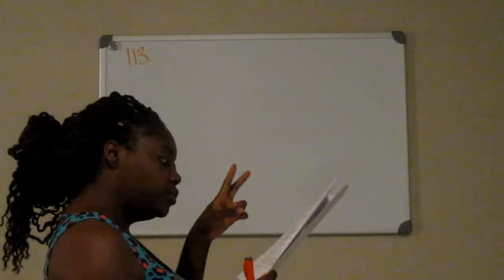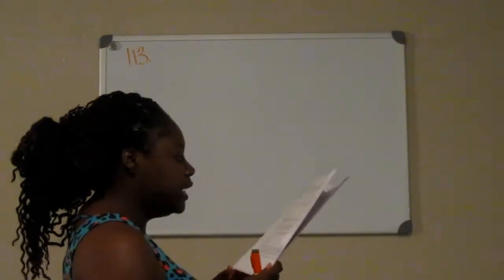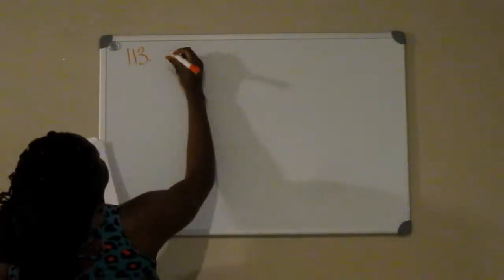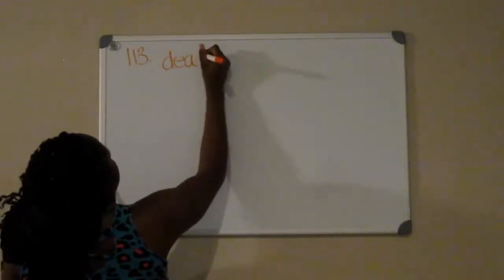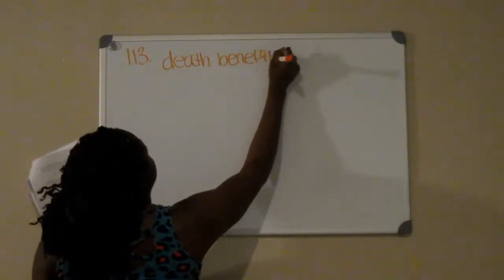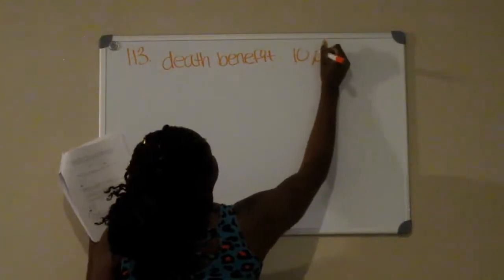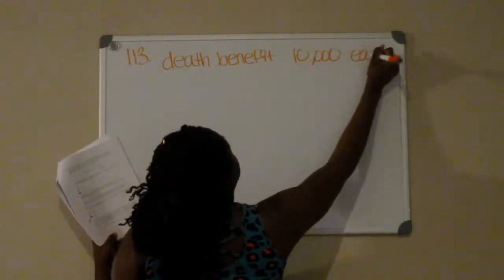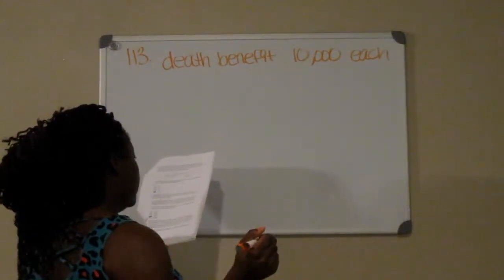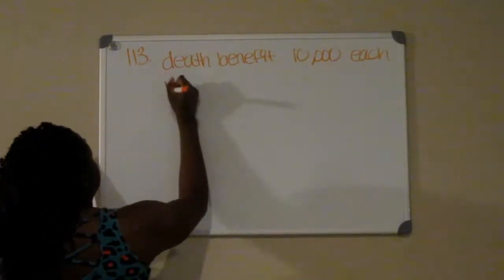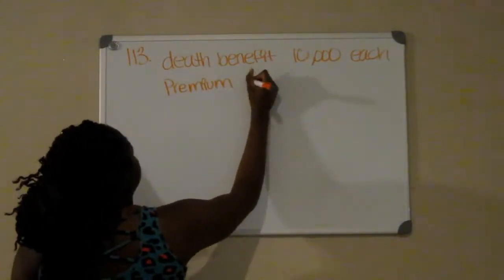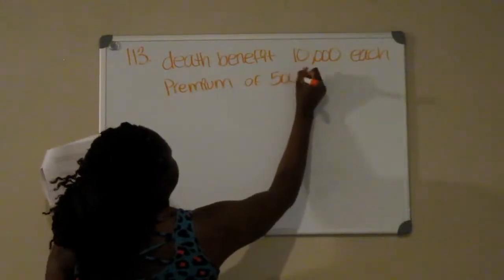Two life insurance policies, each with a death benefit of $10,000, and a one-time premium of $500 each.